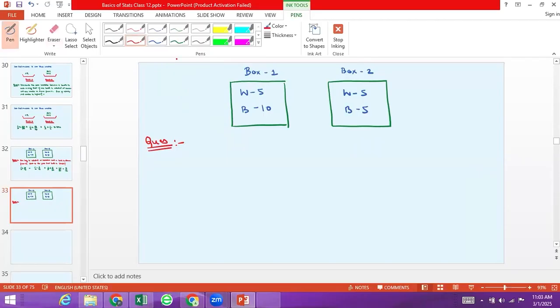Now, one box is selected at random, and one ball is drawn from it.